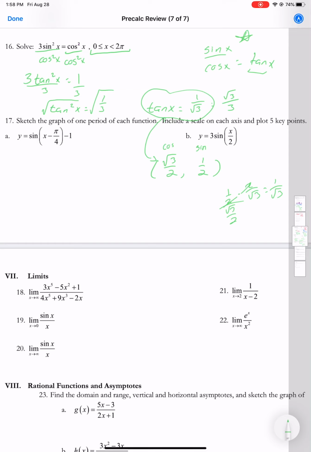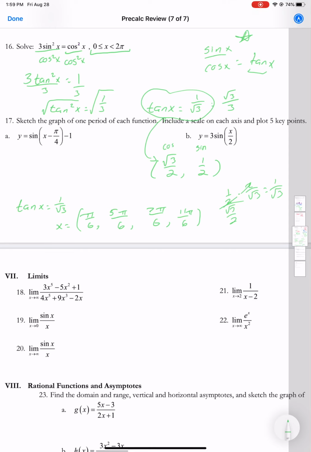So we can look on our unit circle page. We can figure out that the tangent is equal to 1 over the square root of 3, or the square root of 3 over 3, when x is equal to pi over 6, which has coordinates of square root of 3 over 2, 1/2. 5 pi over 6 would have coordinates of negative square root of 3 over 2, 1/2. 7 pi over 6 would have these coordinates with both of them negative, and 11 pi over 6 would have those coordinates with the 1/2 being negative.